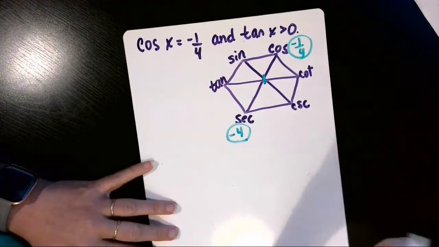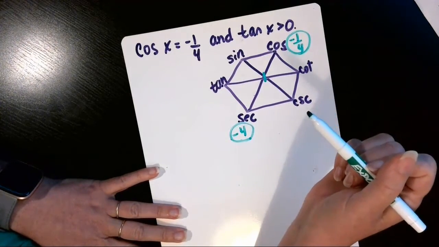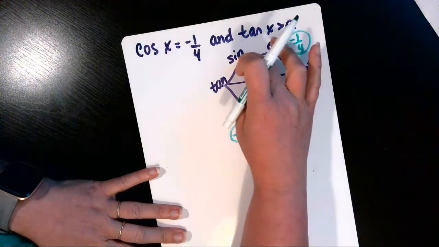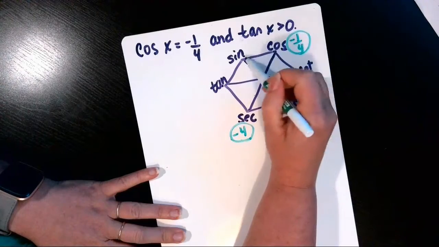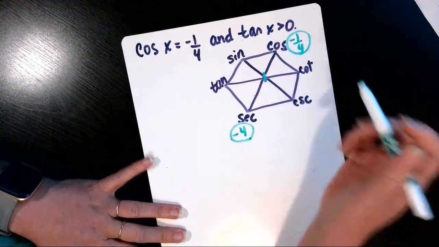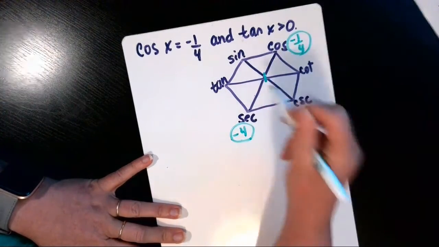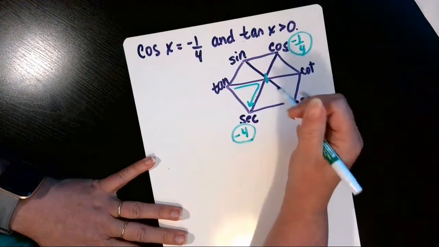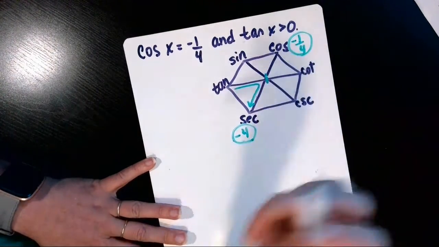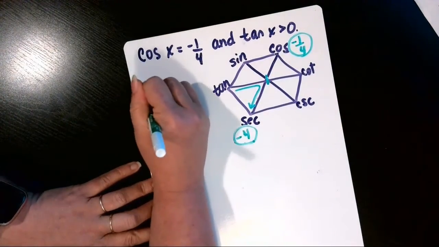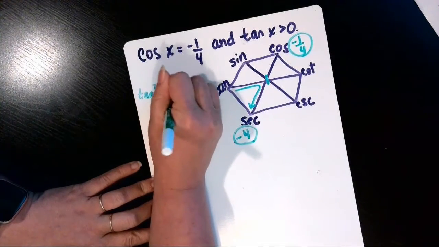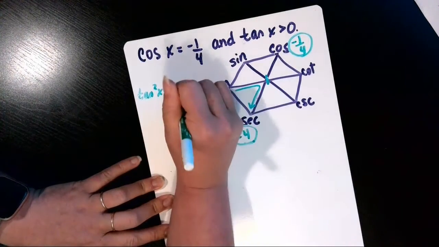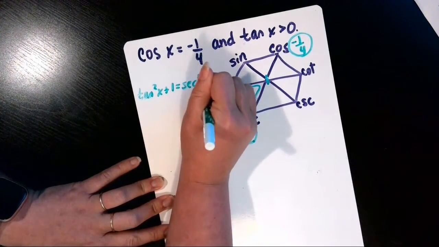And then we can use a Pythagorean identity in order to find either the sine, if we did sine squared plus cosine squared equals 1, or since I want to avoid that fraction, I'm going to use the Pythagorean identity here to find the tangent, because tangent squared plus 1 is equal to secant squared.